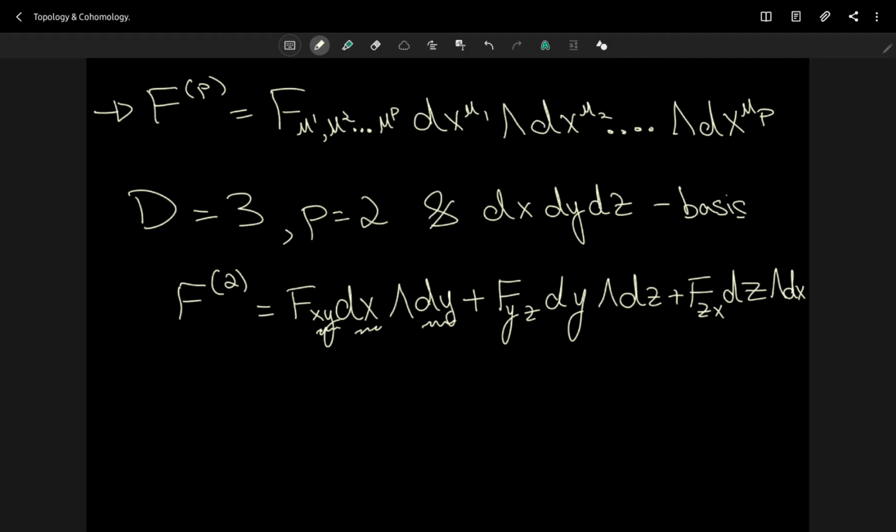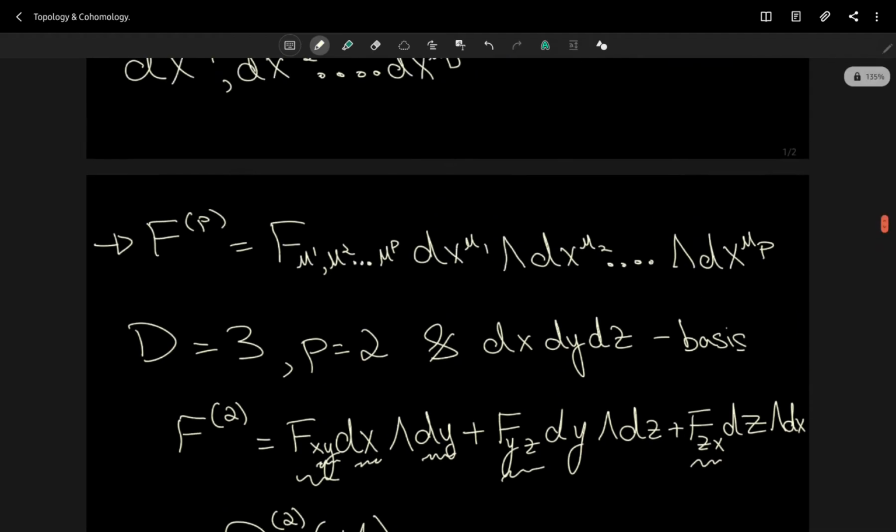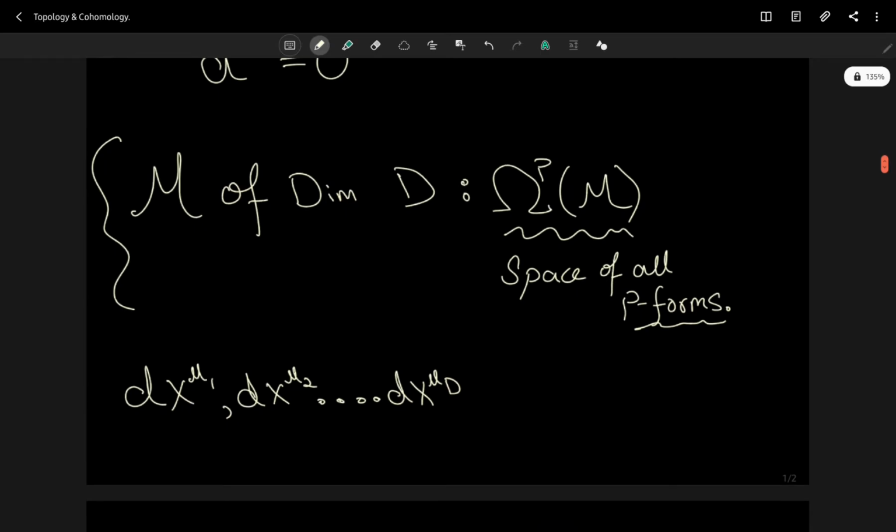And so all the possible arrangements of fxy, fyz, and fzx fill out the space of two forms, right? And so that space of two forms is written as this thing. If you recall, I said that this is the space of all P forms.